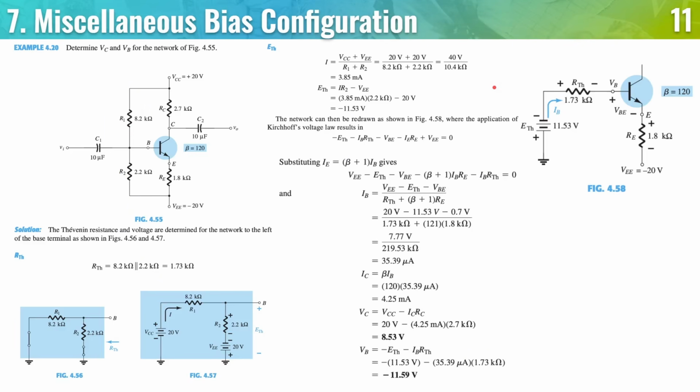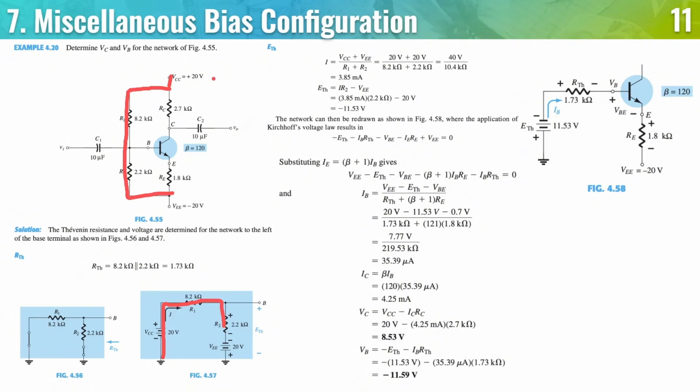So the reason we have VCC plus VEE all over R1 plus R2, so this part that I just drew can be redrawn like this. So starting from 20 volts, there is only one current passing through R1 and R2. And then this negative 20 is going to become positive 20.